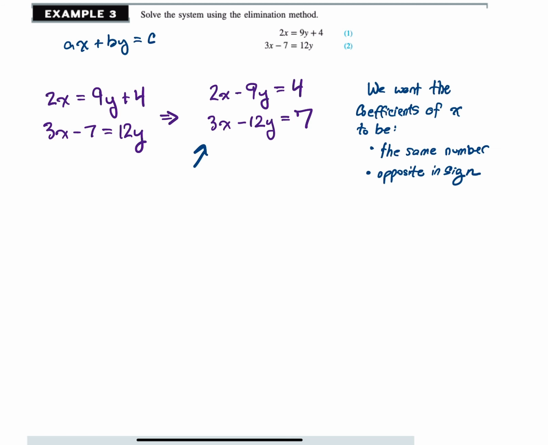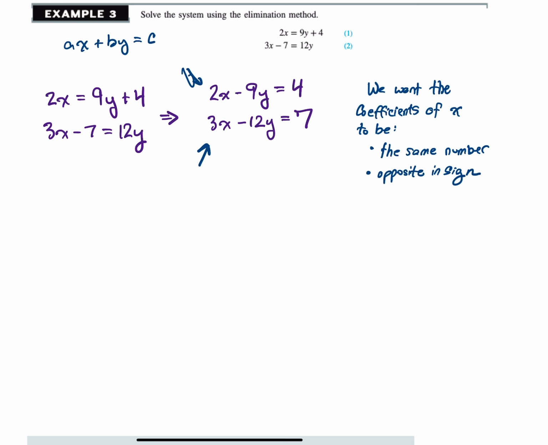So it's kind of in a similar style of, say, getting a common denominator for a fraction, finding some least common multiple. And sometimes you just take the first term and multiply by the number for the second term and vice versa. So I'll show you what I mean by that. Like I have a 2x here and a 3x here.